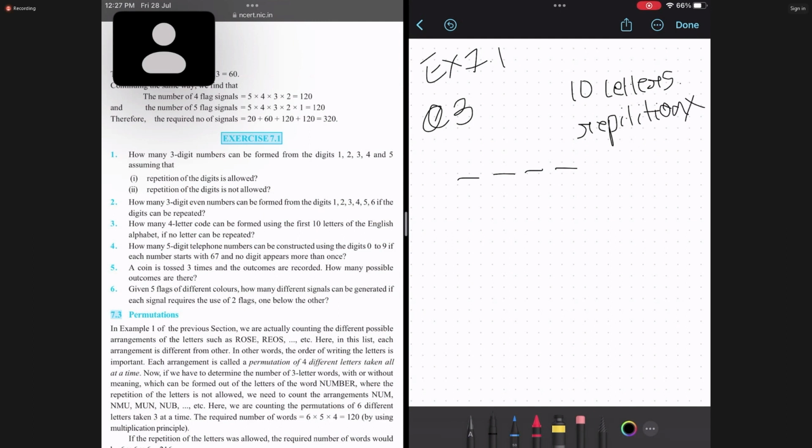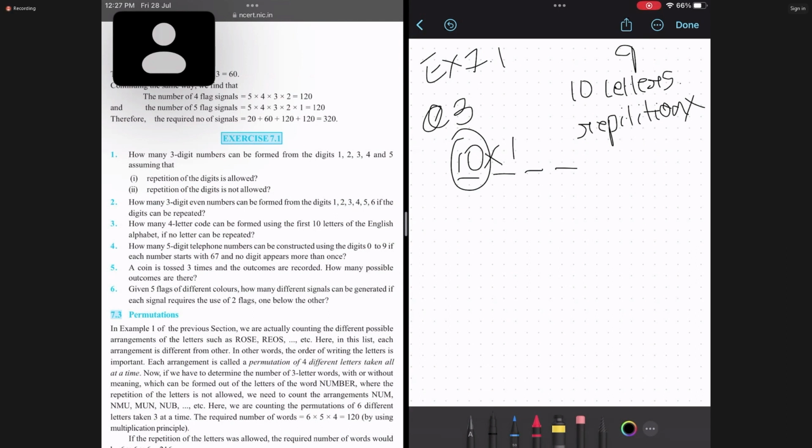So the number of ways that we can fill up the first letter is 10. Correct. The number of ways we can fill up the second letter is not 10 now, it is 9, because repetition is not allowed and we've already consumed one letter. Think how we approached the first question and you'll be better able to visualize how we arrived at this.